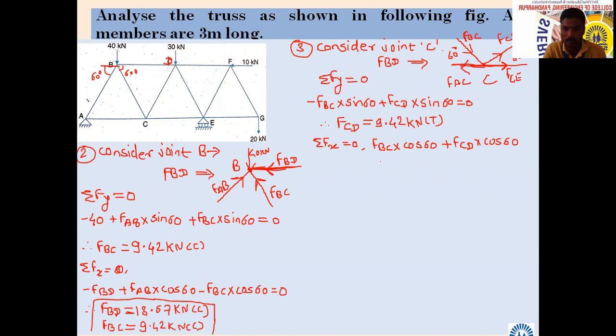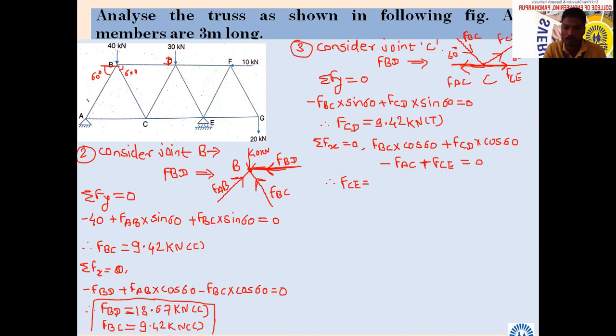What about FAC? Negative. What about FCE? We have assumed it positive. FCE positive equal to 0. Is it possible to calculate FCE from this? Yes.